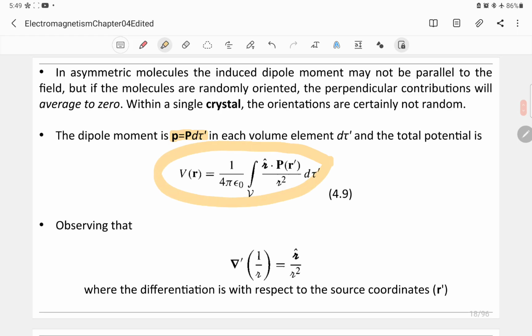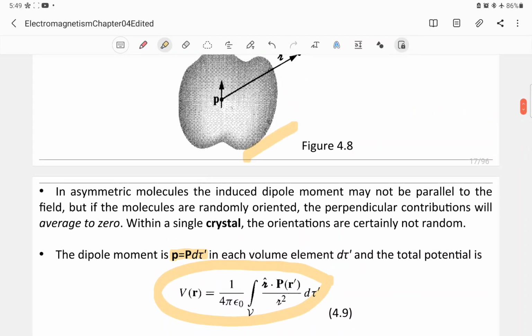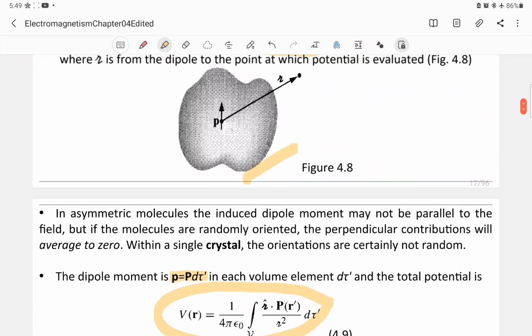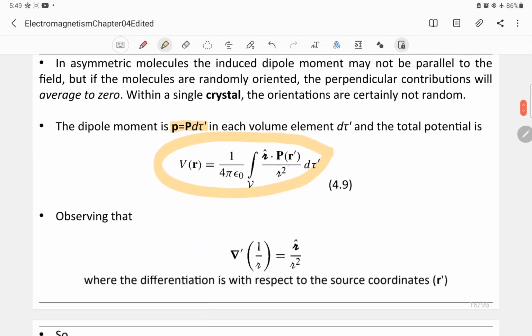If you compare this to this formula, you're just doing this for one atom, and this one is for a volume element. The volume element could contain many atoms.